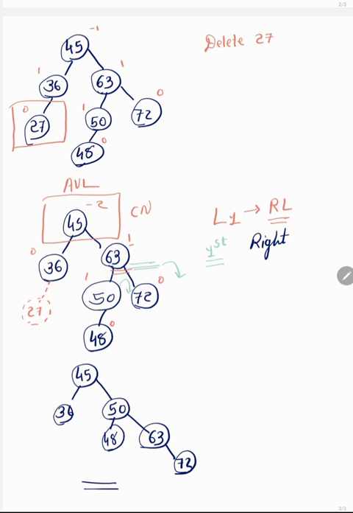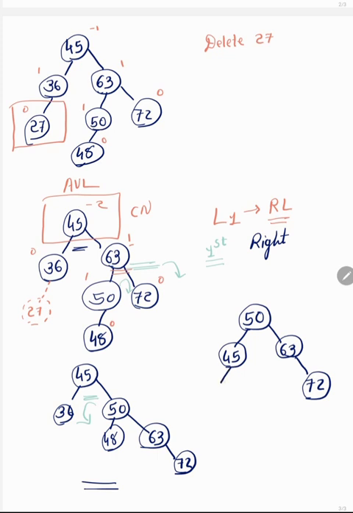After this, I need to rotate my critical node, that is 45. Here I am having this 45. So I need to rotate this critical node towards the left. So if I do so, this 50 will become my root node. The right child of 50 will remain the same, 63. 72 will be the same, the right child of 63. Now 45 will become the left child of 50.